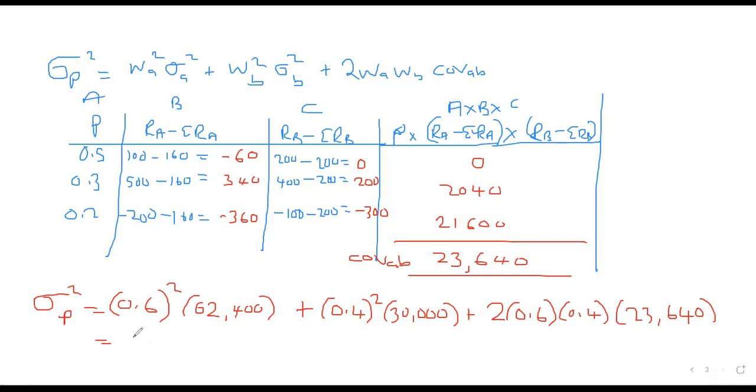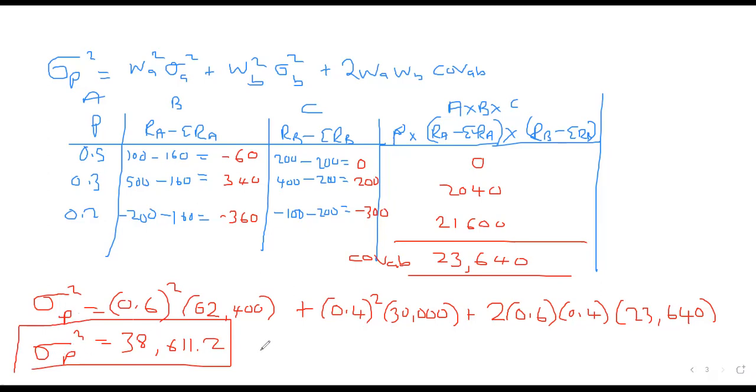So the entire value you're going to get is 38,611.2. This is the portfolio variance. Portfolio is when you combine both assets. So the variance you're going to get from the portfolio is 38,611.